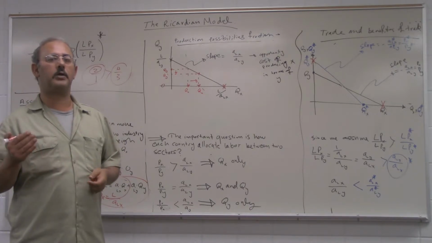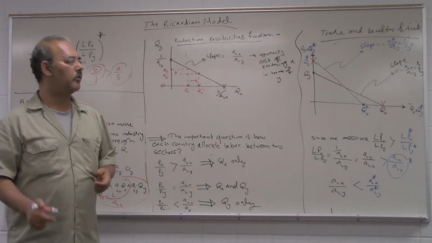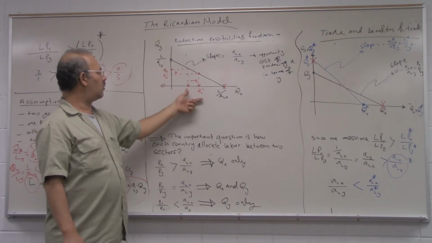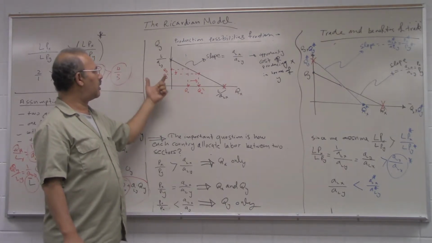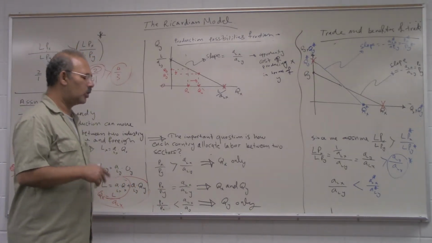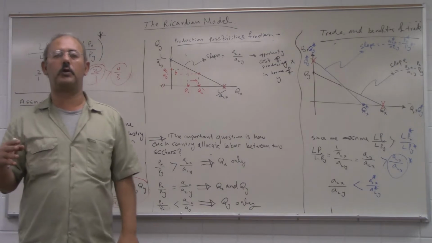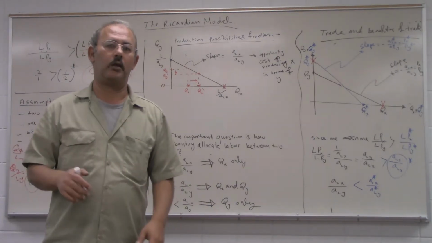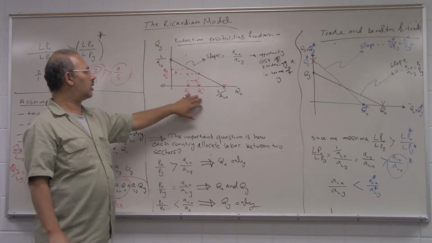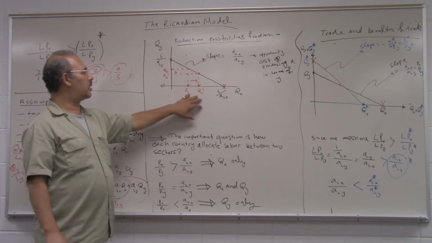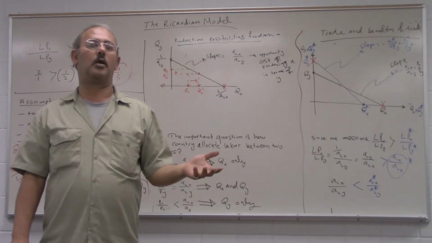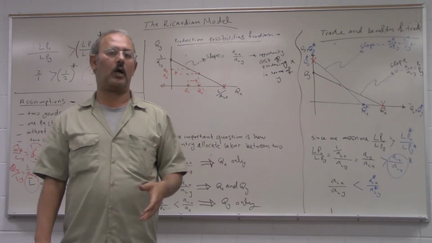Because we have a limited amount of labor. If we want to increase production of good X, we must take some labor from the good Y industry and move it to the good X industry. Therefore, increasing production of good X has an opportunity cost because we lose production in good Y.